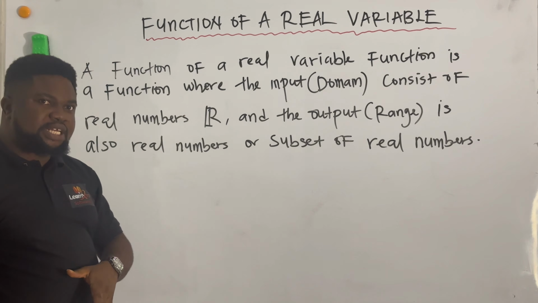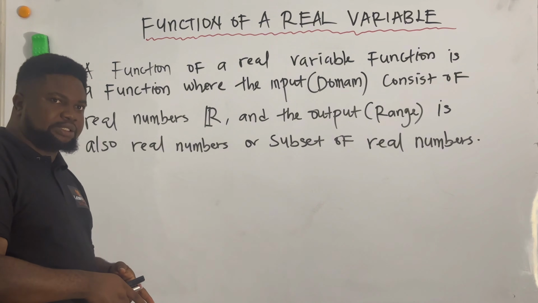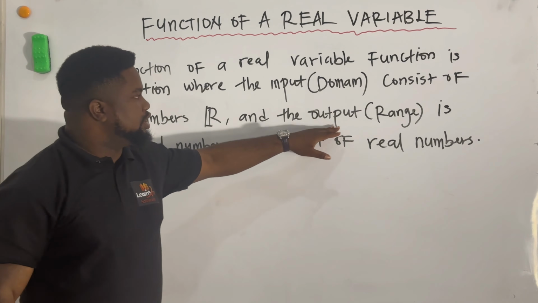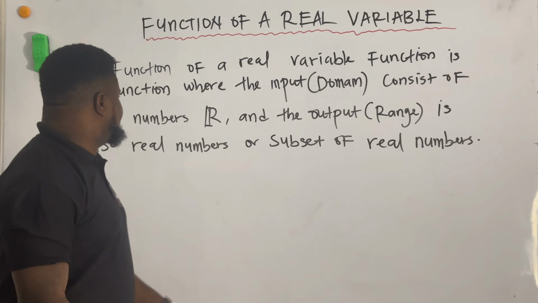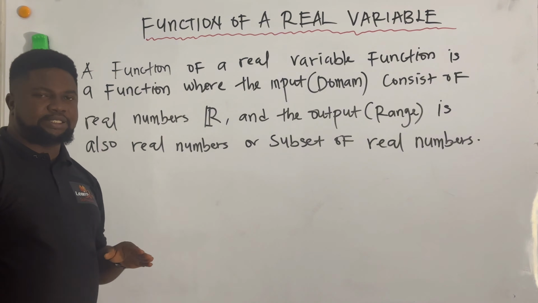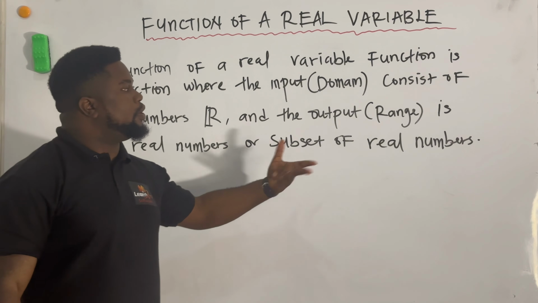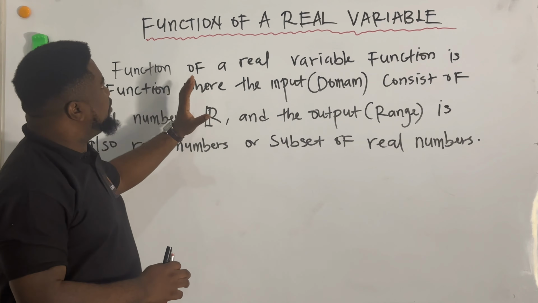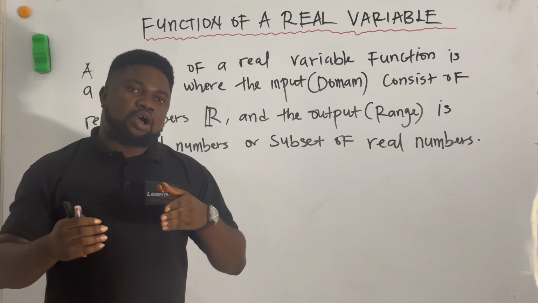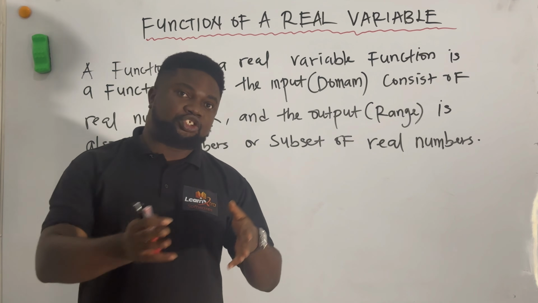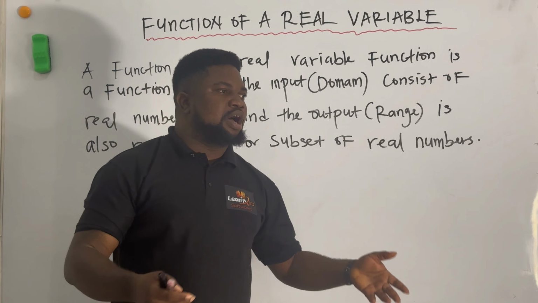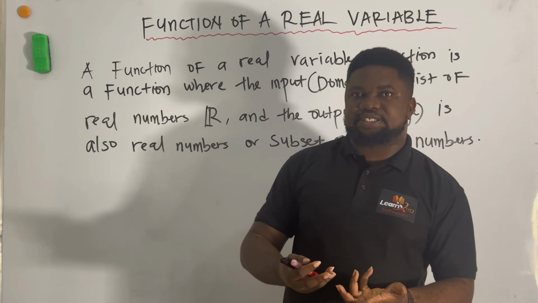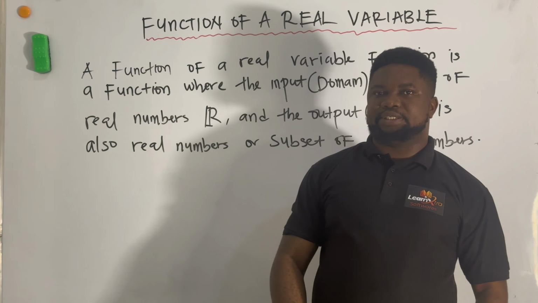The things we are putting inside the function are real numbers. And the output is called the range. The range is also real numbers or a subset of real numbers. So a function of a real variable is saying that everything we are putting into the function is real, and also the outputs, the answers we get, are real numbers.